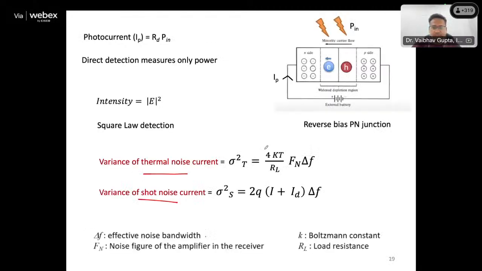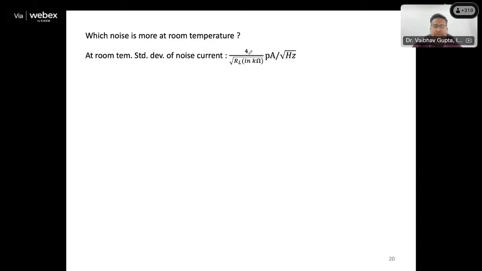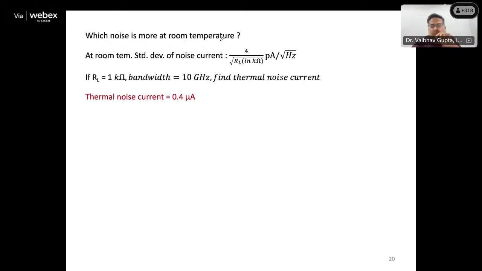At room temperature, this is totally dependent on the load resistance. If you put a load resistance, for example 1 kilo ohm at 10 gigahertz, the thermal noise current will be roughly 0.4 microampere. So that will be the thermal noise.